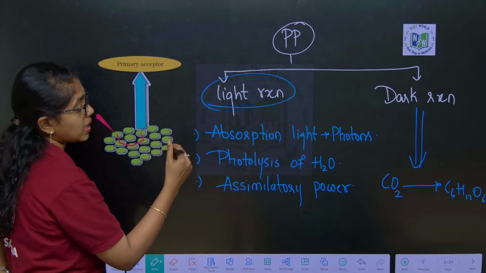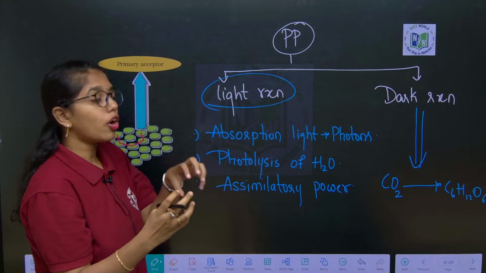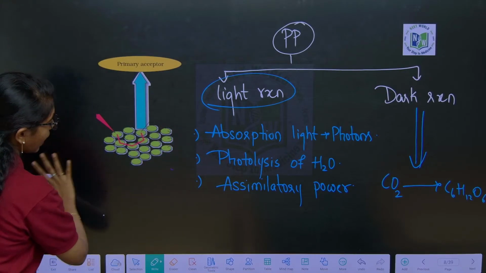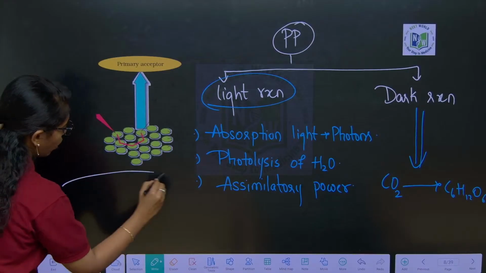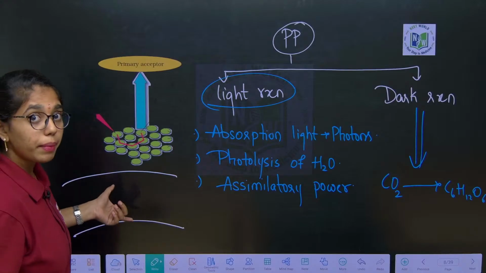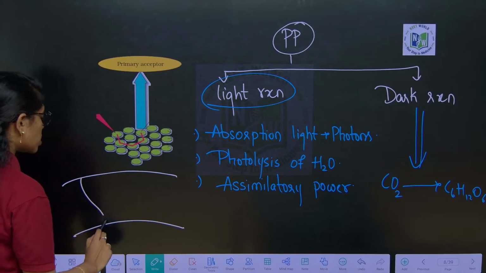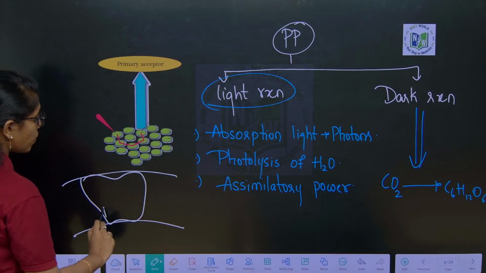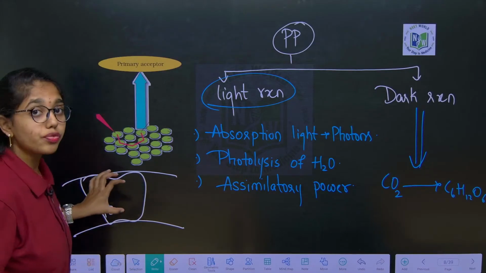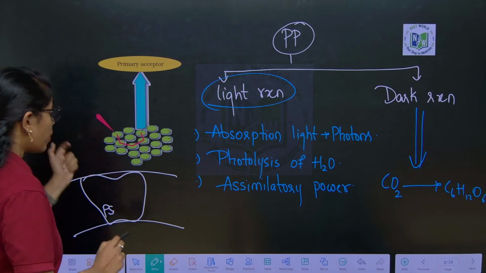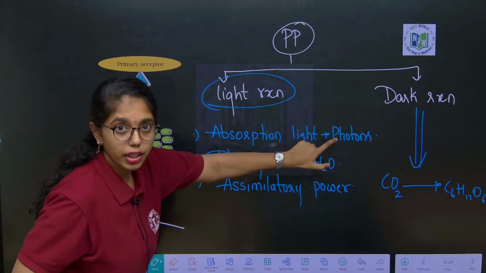First, absorption of light in the form of photons is done by thylakoid lamellae or thylakoid membrane, wherein the thylakoid membrane has photosystems, that is PS1 and PS2. In these photosystems, you have light harvesting complexes wherein light is absorbed in the form of photons.